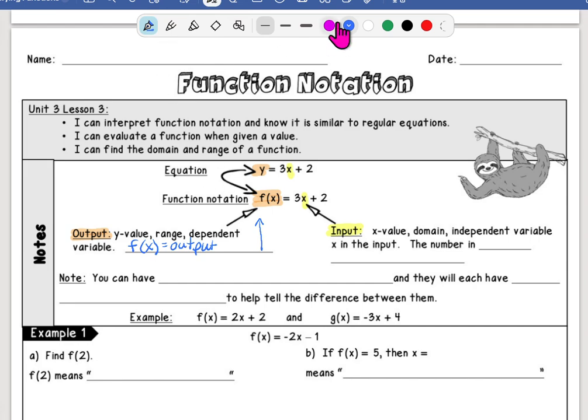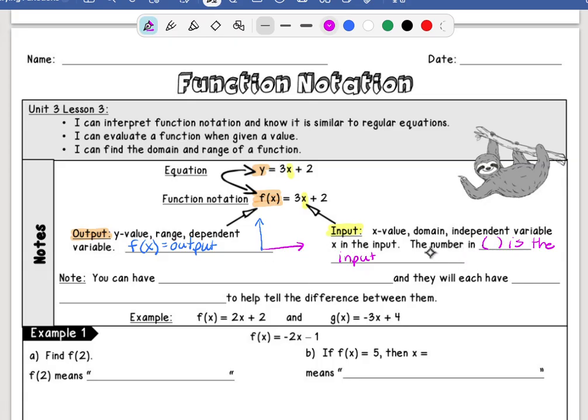Our input is our x value, our domain, or our independent variable. It's going to be the number in the parentheses. So the number in the parentheses is the input. Just to remind you from the last lesson, your input value is graphed on the x, so you know it's what's down there.